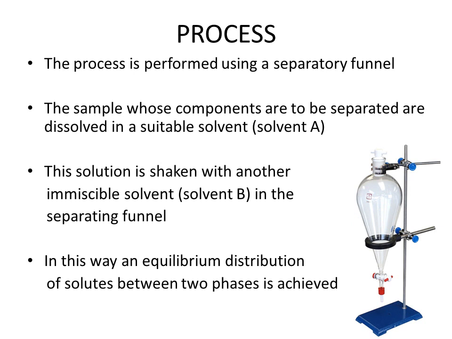Another thing which must be noted here is that solvent B is immiscible in solvent A. Now we will close this separating funnel, hold it in our hand and shake it so that there might be a transfer of solute from solvent A to solvent B. In this way, an equilibrium distribution of solute between two phases is achieved. Due to this shaking, ultimately an equilibrium distribution of solutes among these two solvents is achieved.